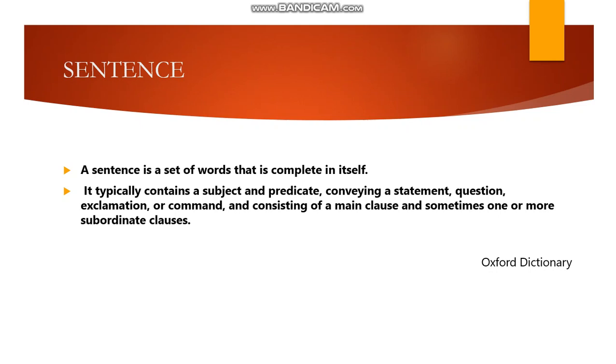Number 1, first, in written form, a sentence begins with a capital letter and ends with a period, full stop, a note of interrogation, question mark, or a note of exclamation, an exclamatory mark. Second, it must express a complete thought, not fragmented. Number 3, it must contain at least one subject, hidden or visible, and one verb comprising an independent clause.